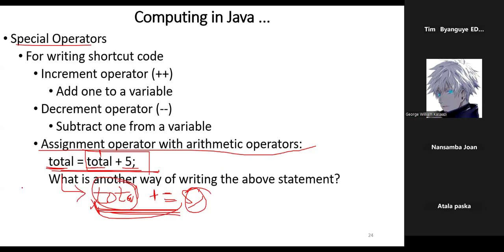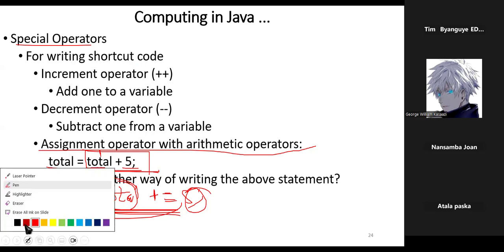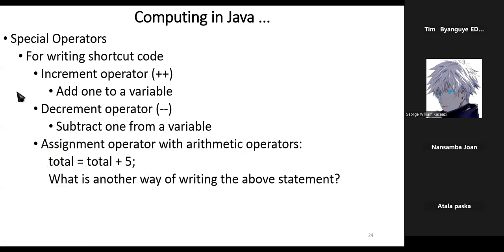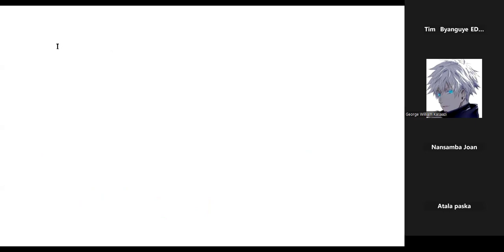Now, usually we do the same with increment operators, and this is what it would look like. But just give me a second to hide this. Let's say I have a variable, x, that is storing the value 1. I can write x is equal to x plus 1, that is fine.